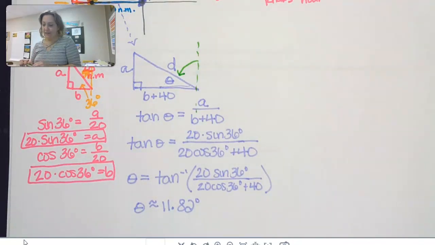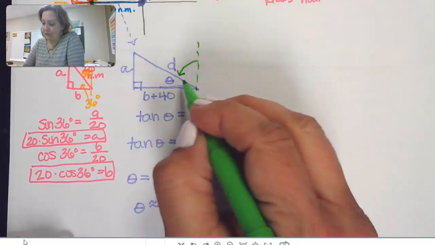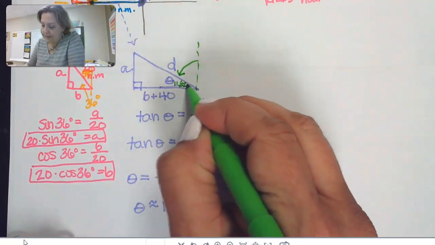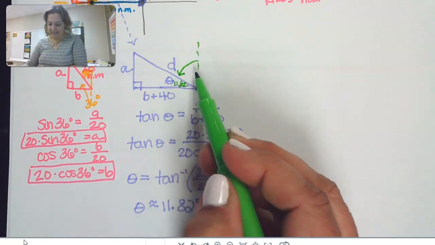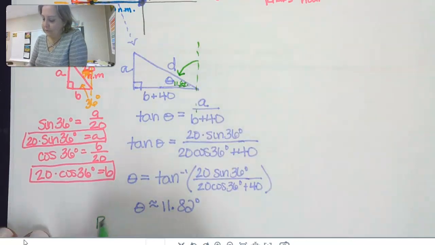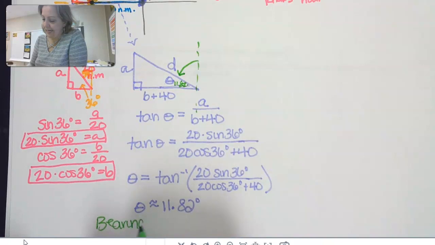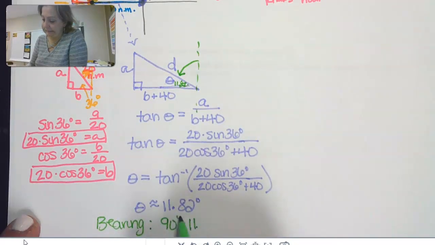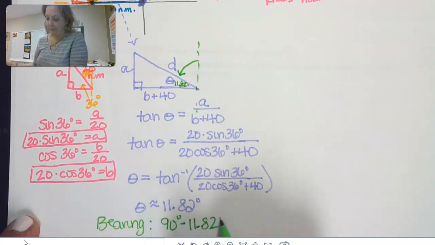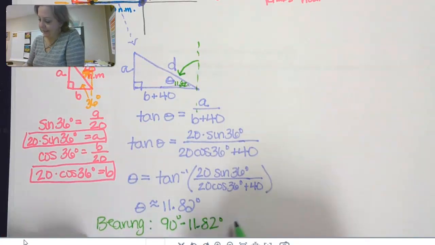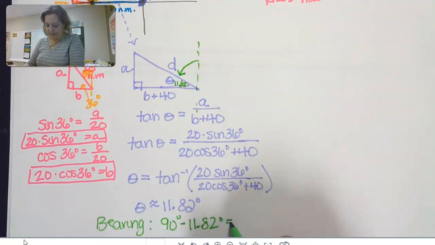So if this angle is 11.82 degrees, then what could we do to find this angle? For the bearing, we could just take 90 minus 11.82.